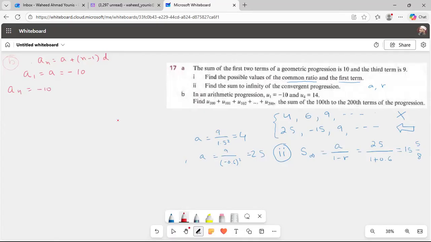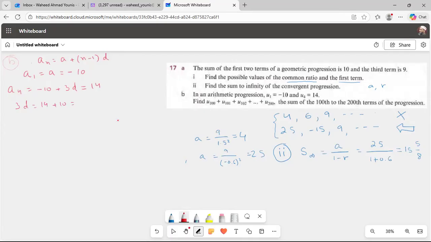Now fourth term, using this expression, is going to be A, which is minus 10 plus 4 minus 1, 3 into D, and this is given as 14. So from these two pieces of information, I want to calculate the value of D. You can see 3D is equal to 14 plus 10.